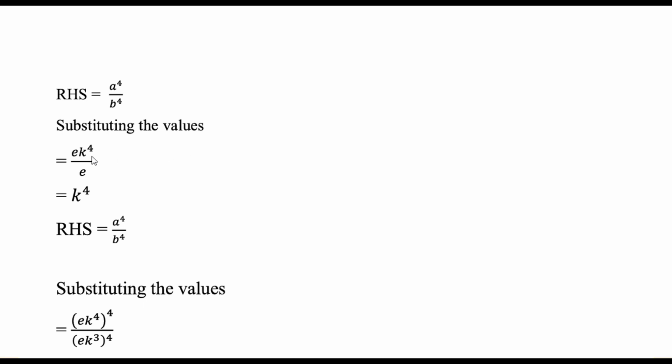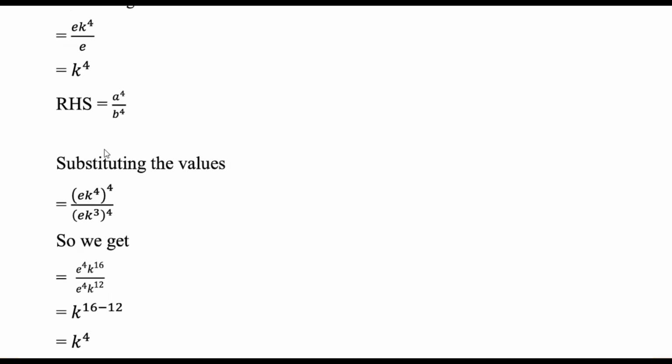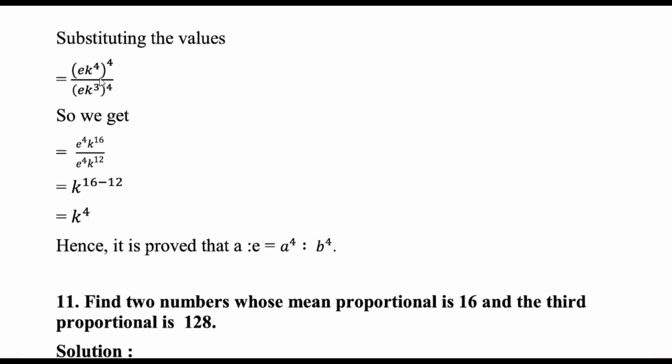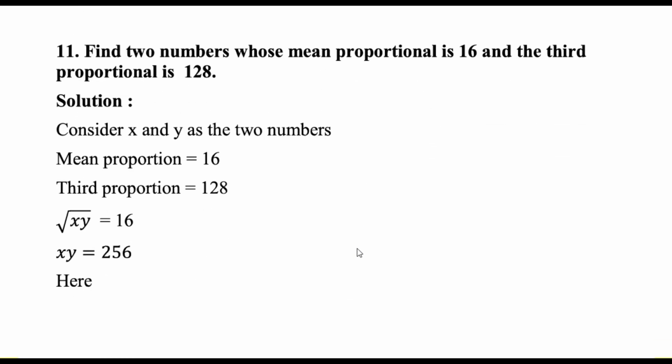Substituting the values, (e into k to the power 4) to the power 4 and (e into k cube) to the power 4. After a little bit of calculation, you will get k to the power 4. Hence, it is proved that a is to e is equal to a to the power 4 is to b to the power 4. Let's come to the next problem.